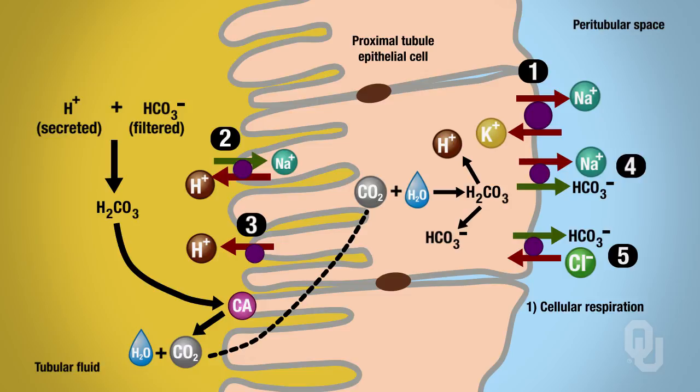When you reabsorb into the venous end of the capillary, if this is the venous part of the capillary, it's going to have a relatively high partial pressure of carbon dioxide. Inside this cell, we're going to have a low partial pressure of carbon dioxide. So that means that carbon dioxide can follow its pressure gradient and move into the cell via simple diffusion.